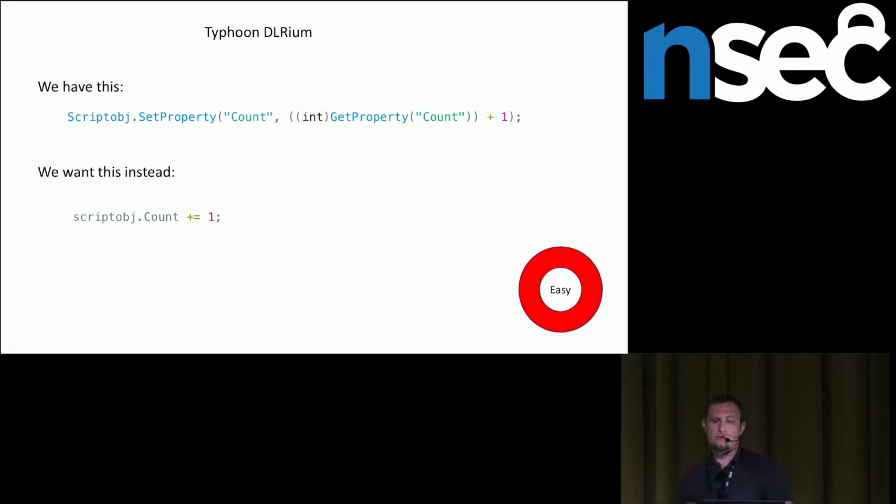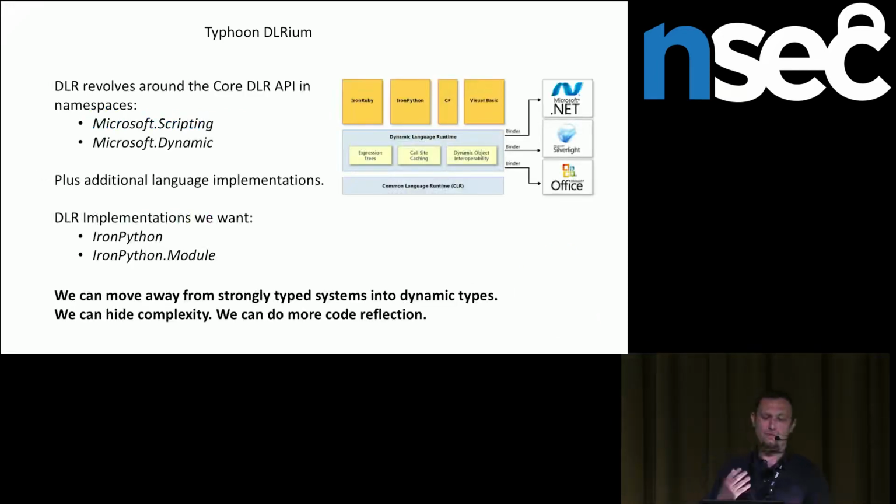So to get to Delirium, you have to use three assemblies, right? You have to use the Microsoft Scripting namespace, you have to use the Microsoft Dynamic namespace, and then you have to use a namespace and a library of the language that has already been created and ported to .NET.